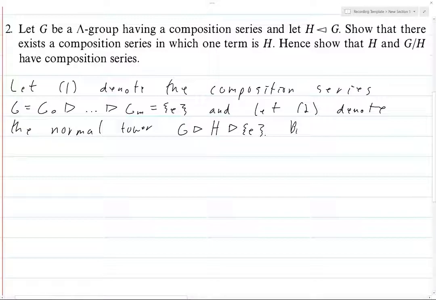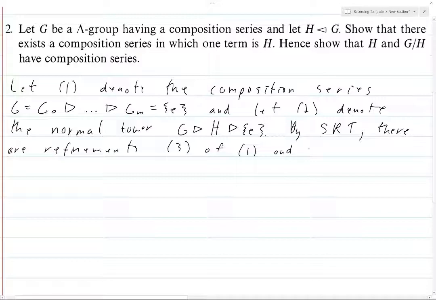So now, by the Schreier refinement theorem, I can abbreviate that so that I don't have to actually know how to spell the word Schreier. It's an E-I-E-R at the end, which is weird. Anyways, there are refinements 3 of 1 and 4 of 2 such that 3 and 4 are equivalent.